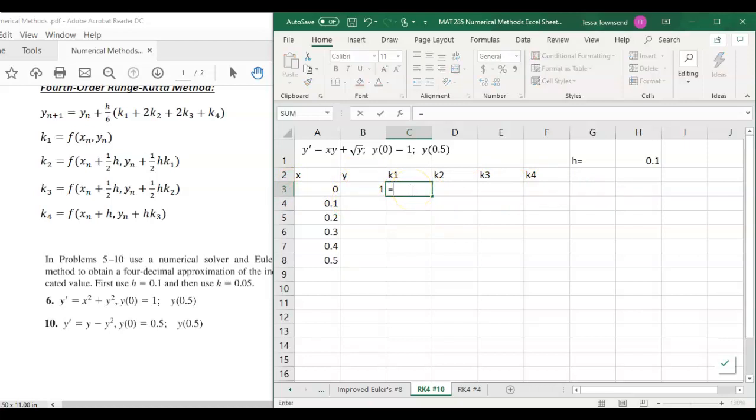So the formula is equals this x value times that y value. I'm going back to the differential equation here. X times y plus square root of y. So plus square root of y. So there's our K1.